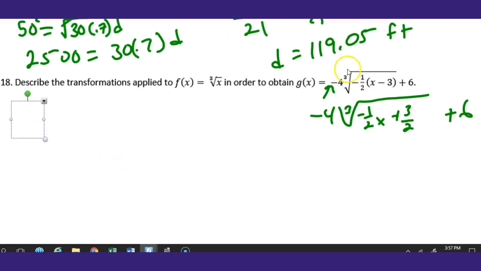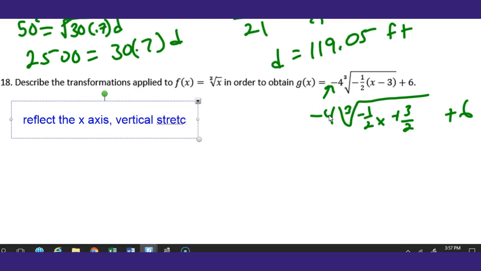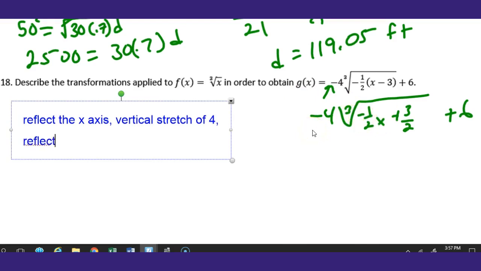Now, let's type up this transformation. The negative out front, this negative right here, tells me reflect over the x-axis. All right. And then that 4 right there says a vertical stretch of 4. Then this negative 1/2, well, the negative right there says reflect over the y-axis.